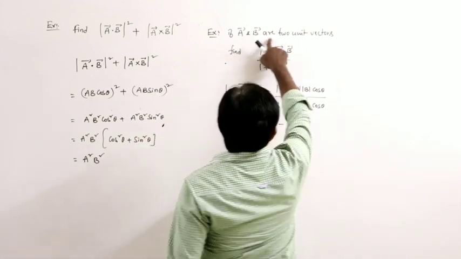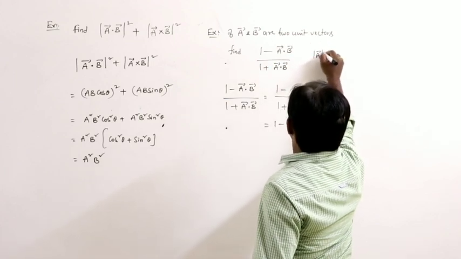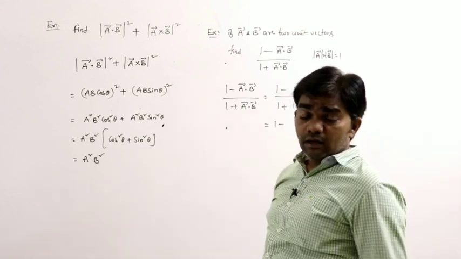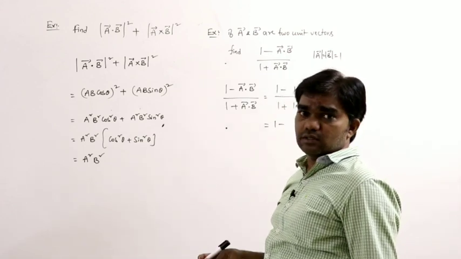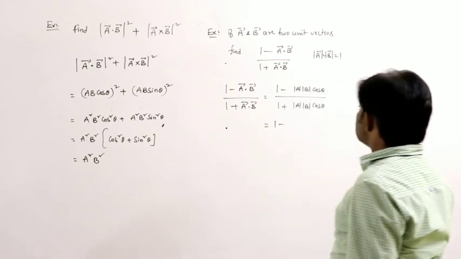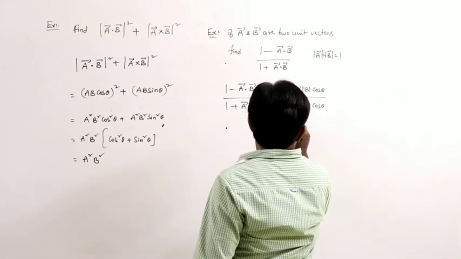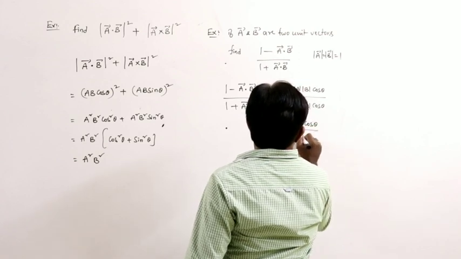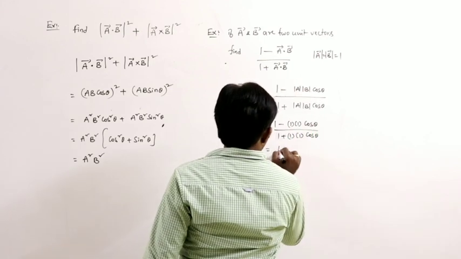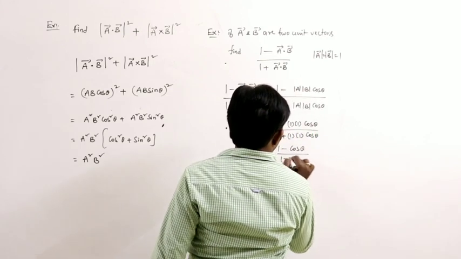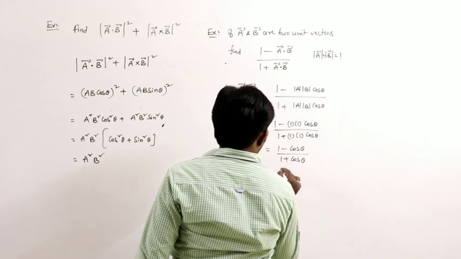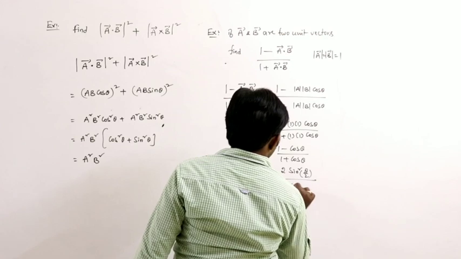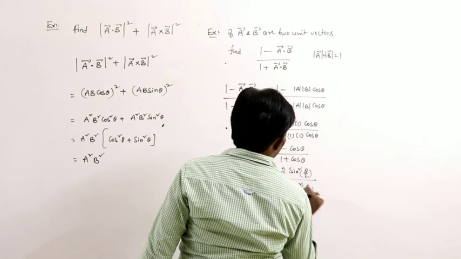a bar and b bar are two unit vectors. Unit vector means modulus of a is equal to modulus of b is equal to 1. So, 1 minus 1 into cos theta divided by 1 plus 1 into cos theta, that is 1 minus cos theta by 1 plus cos theta. 1 minus cos theta can be written as 2 sin square theta by 2, and 1 plus cos theta can be written as 2 cos square theta by 2.